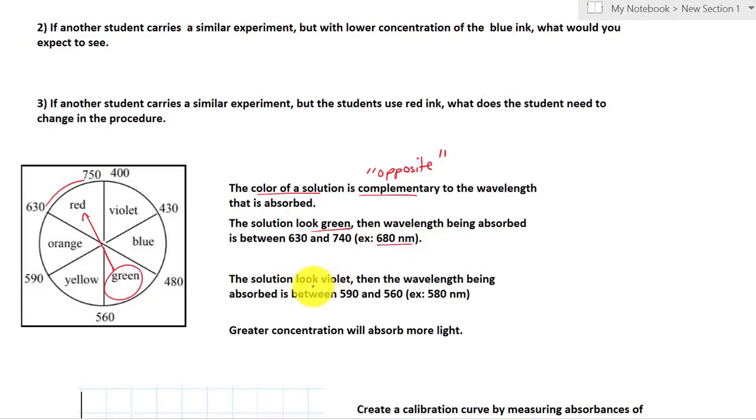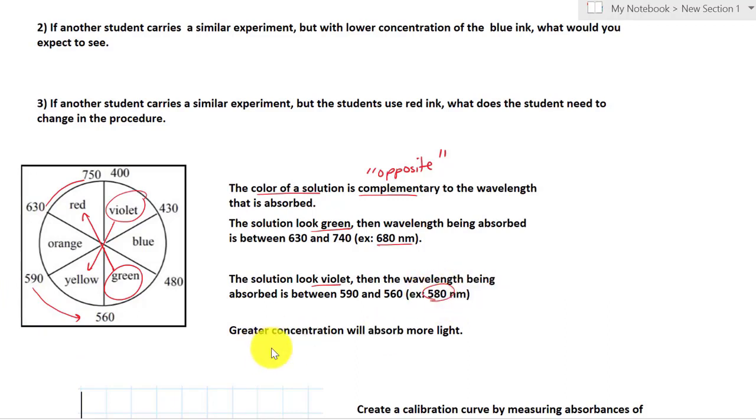Another example is where the solution looks violet. Where is violet? Right here. And the complementary color to violet, the opposite, is yellow. So the wavelength being absorbed is between 560 to 590. An example would be 580.